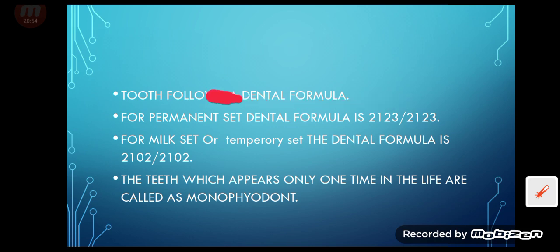The tooth follows a dental formula. I already told you in the arrangement of teeth, and that arrangement helps to find out the dental formula. For the permanent set, the dental formula is 2123 by 2123. Here I will explain in which form this formula is present.